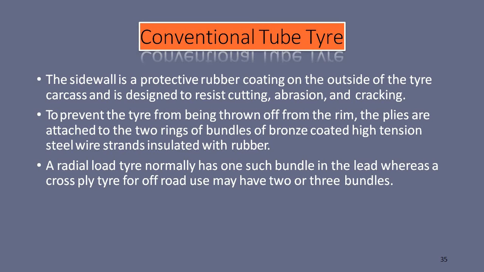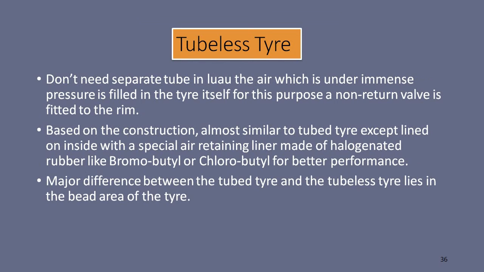A radial road tire normally has one such bundle in a bead, whereas a cross ply tire for off-road use may have two or three bundles. Depending on the type of road, we can use different plies.